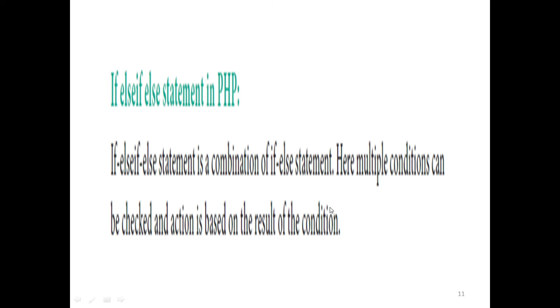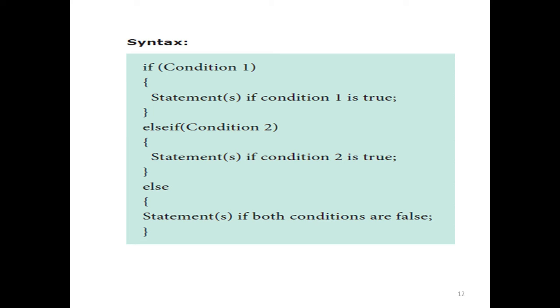Then the else if statement in PHP. The else if statement is a combination of if and else statements. It means more than one if. Here multiple conditions can be checked and the action is based on the result of the conditions. Means multiple conditions, more than one. For more than one we apply the else if statement. The syntax is: if condition 1, statement 1, else if condition 2, statement 2, else, statement if both are false.